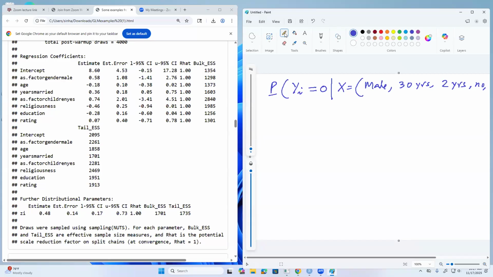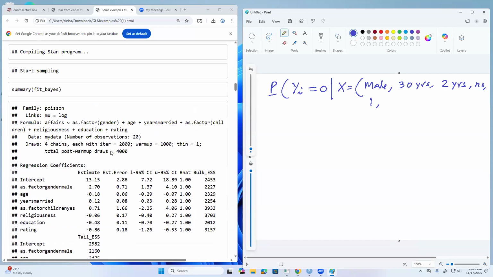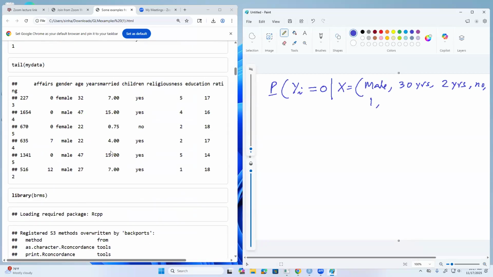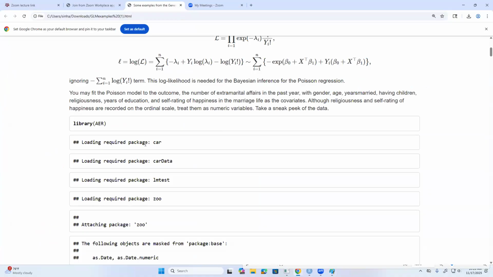suppose it was recorded as an ordinal variable. So suppose it has 1, the minimum value. Education was also recorded as, what was that? Years of education and self-rating of happiness.